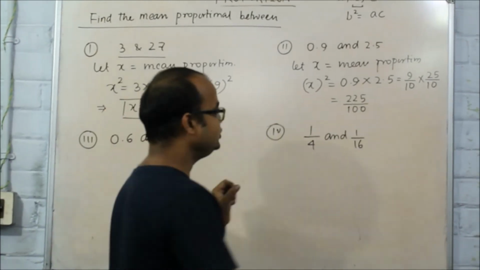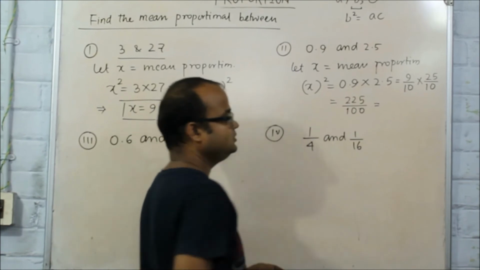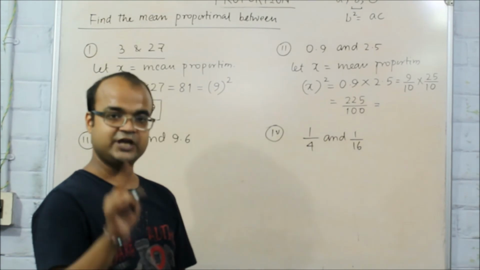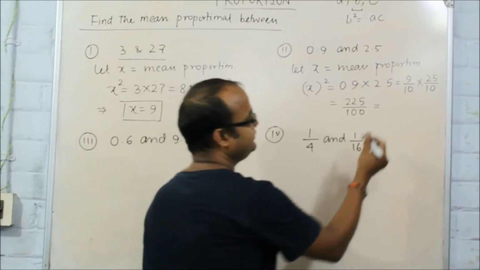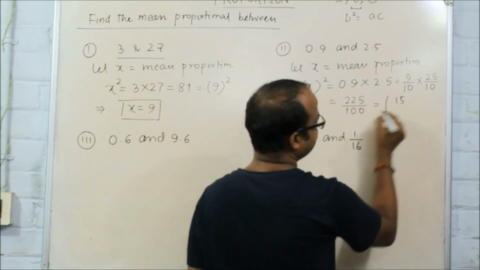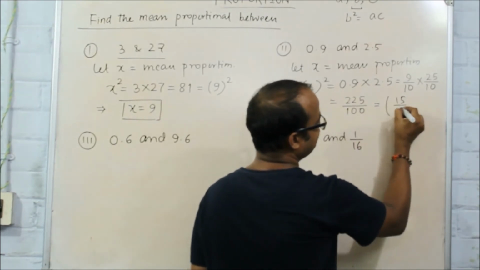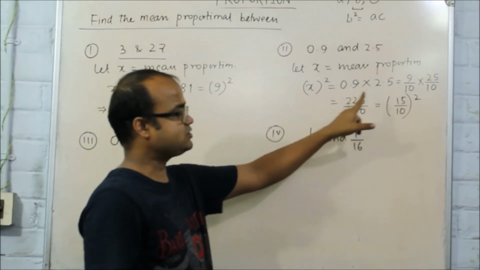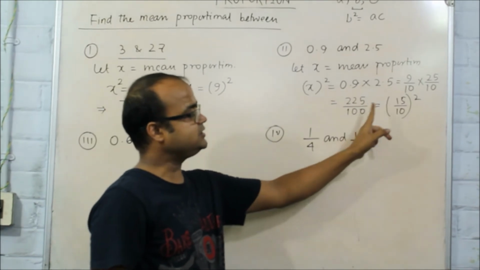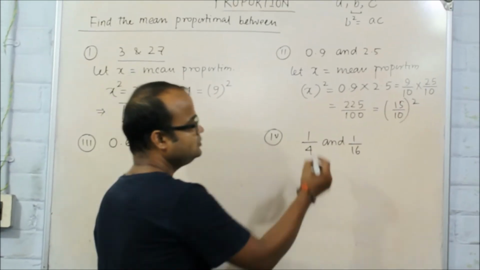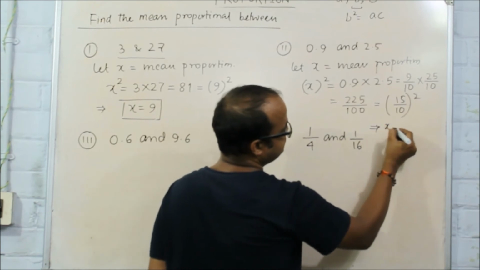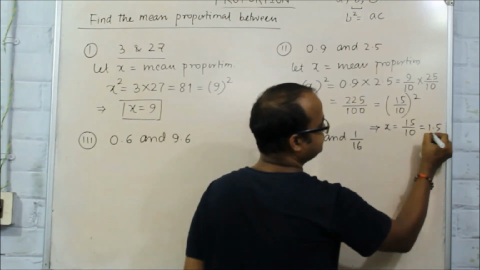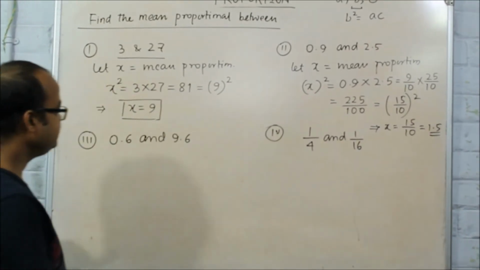Now, as I told you, find a number which multiplied by itself gives you 225. Check, it is 15 multiplied by 15. So 225 is a square of 15, and 100 is a square of 10. So from here we can say that x is equal to 15 by 10, which is equal to 1.5. Clear?